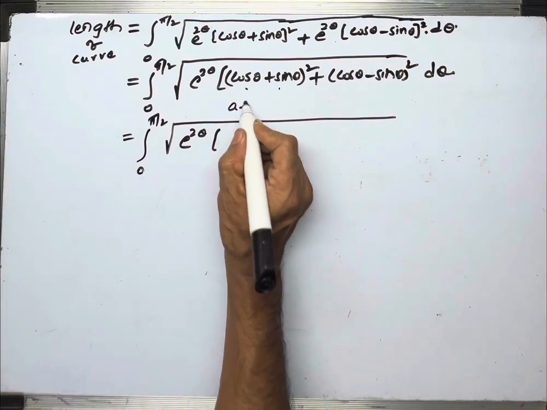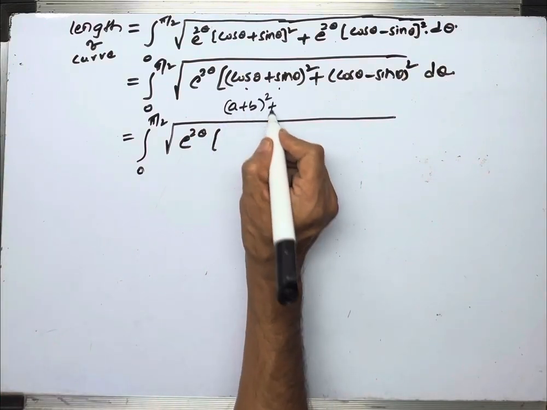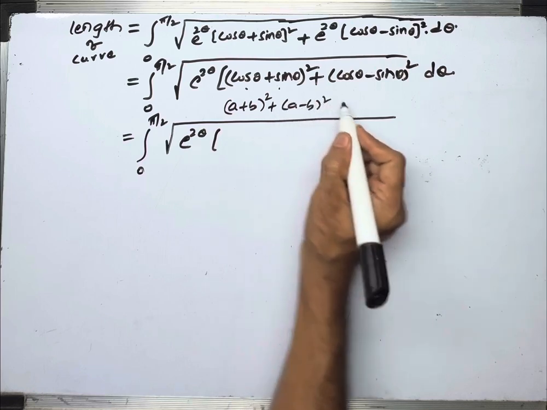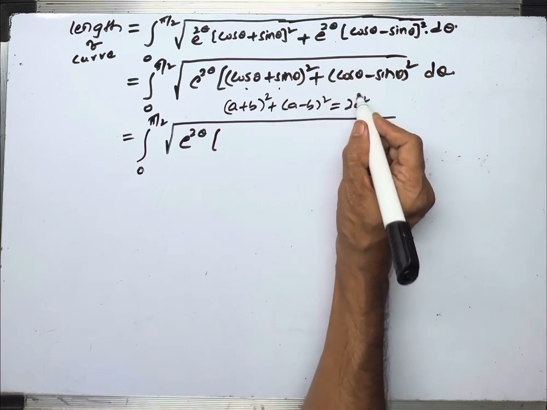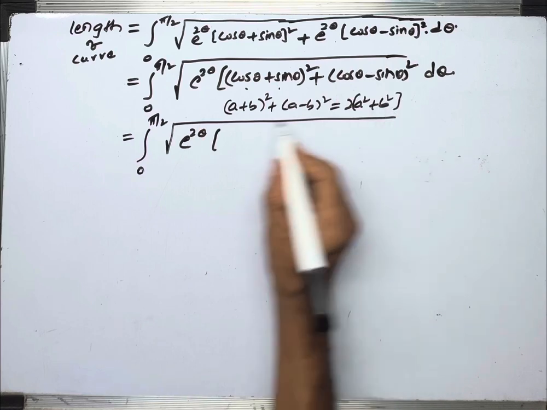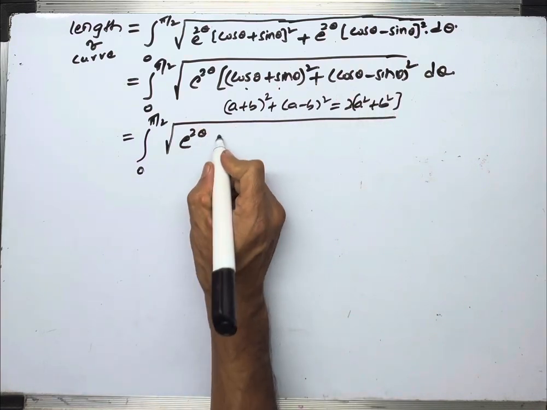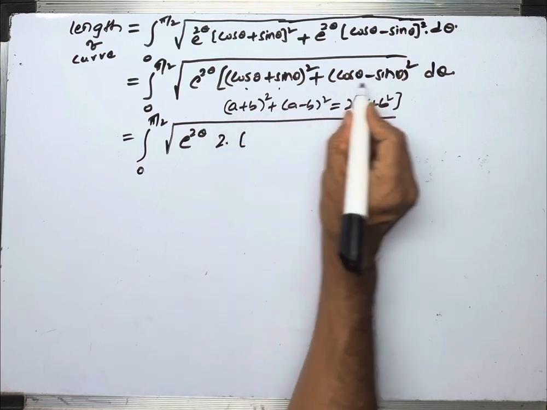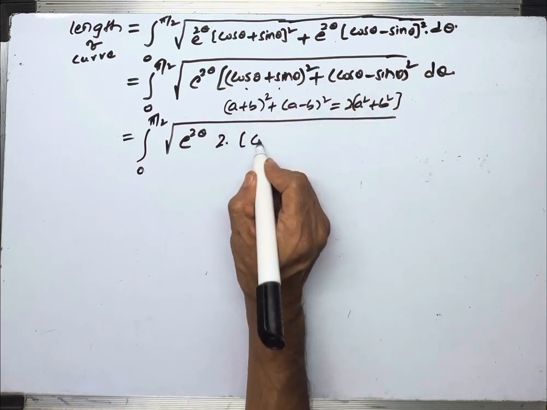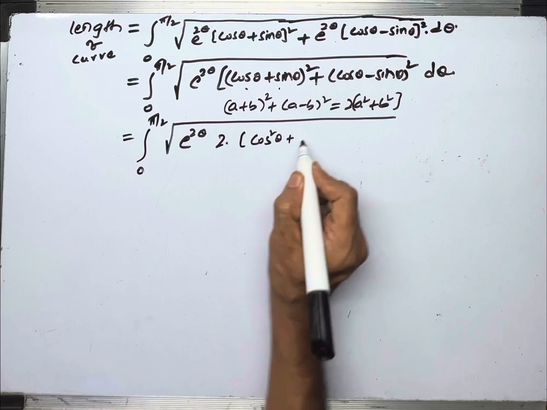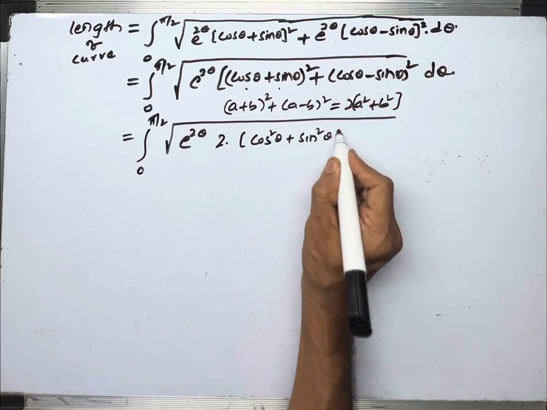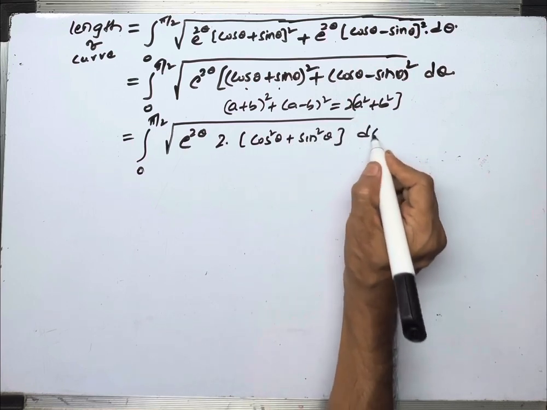So we have a plus b whole square plus a minus b whole square. That is 2 times of a square plus b square. If you simplify this, you'll get this one. So here we'll get 2 times of, we are simplifying these two things, cos square theta plus sin square theta into d theta.